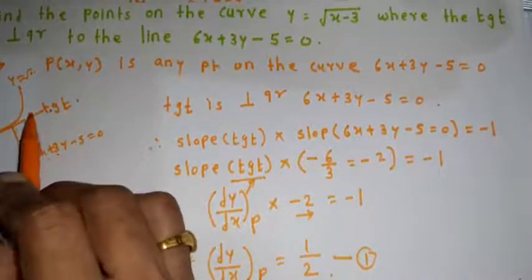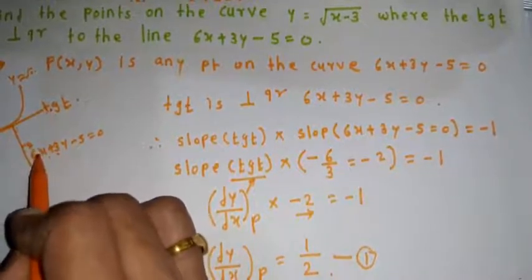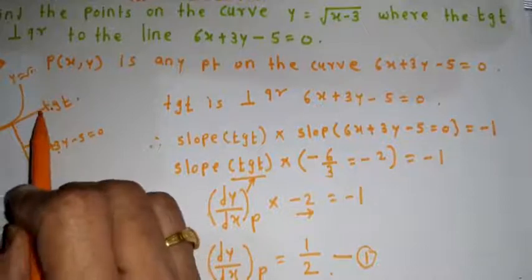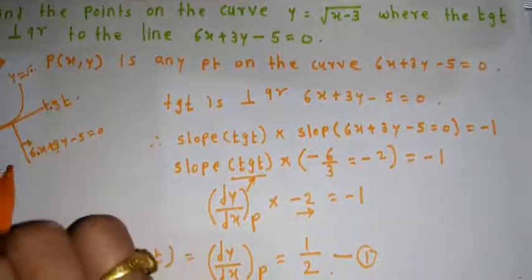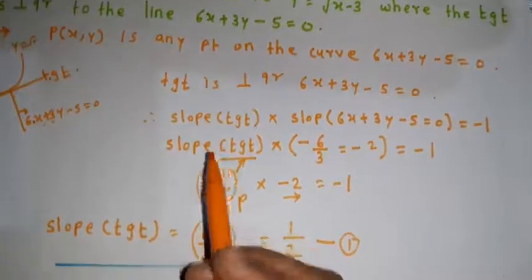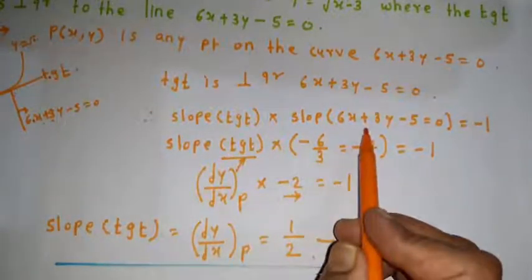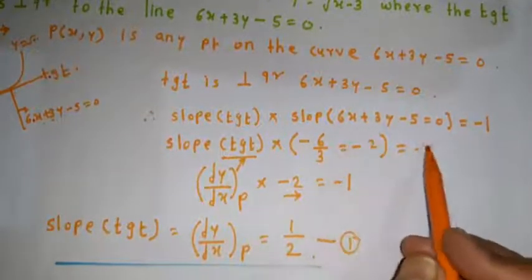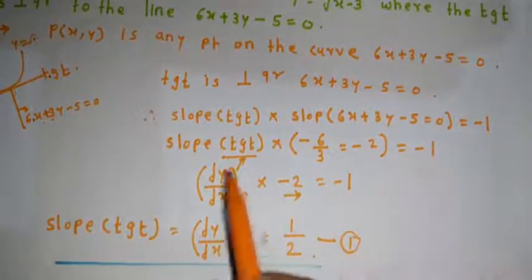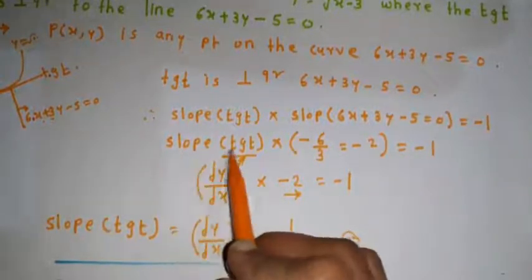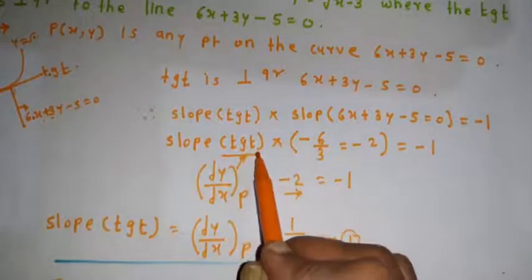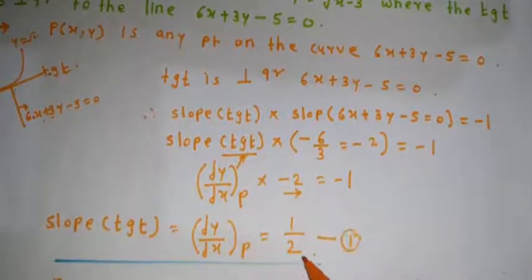Then by using the criteria that the tangent and the line are perpendicular to each other, the product of their slopes equal to minus 1. So the slope of the tangent into the slope of the perpendicular line equals minus 1. From that we found the slope of the tangent, which is equal to 1 by 2.